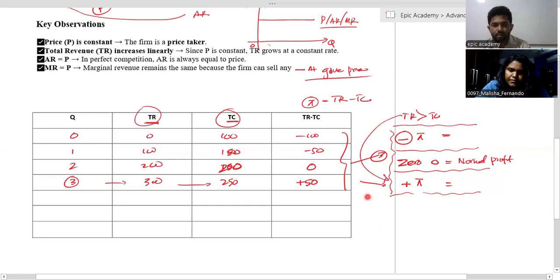So we call it supernormal profit. When the profit becomes a plus value, we call it supernormal profit. And then the next one.